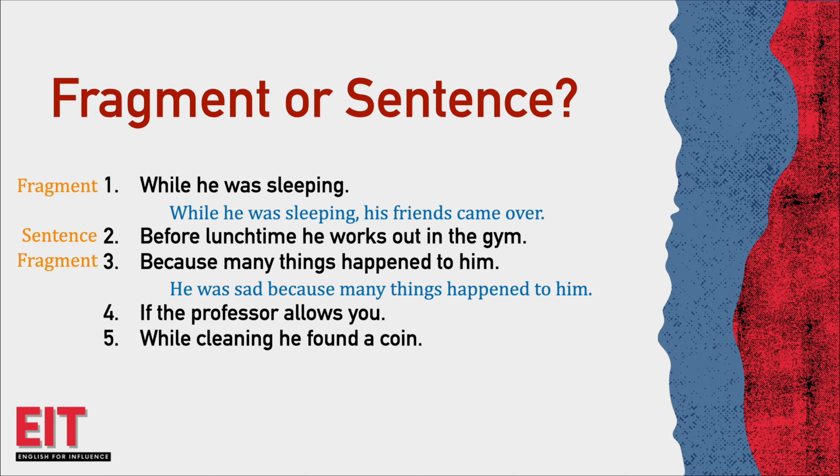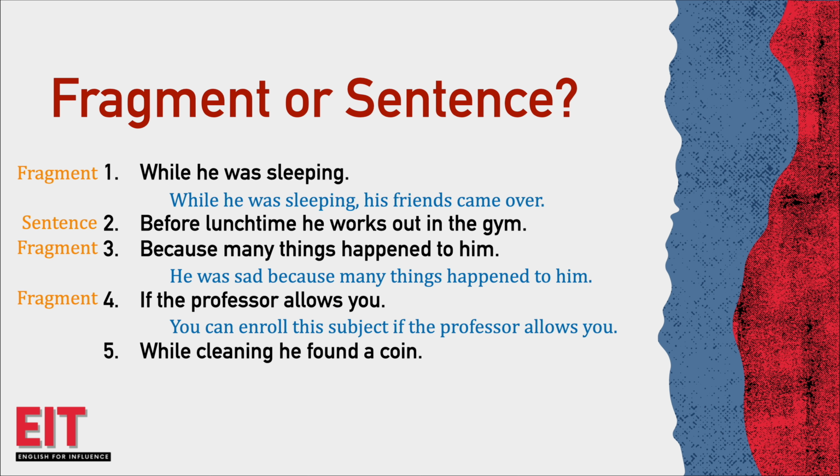What's going to happen? It doesn't make sense, right? This, therefore, is a fragment. So how can we fix this? We can connect it to an independent clause. Something like, you can enroll in this subject if the professor allows you.